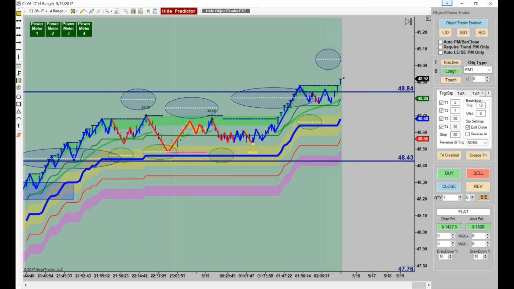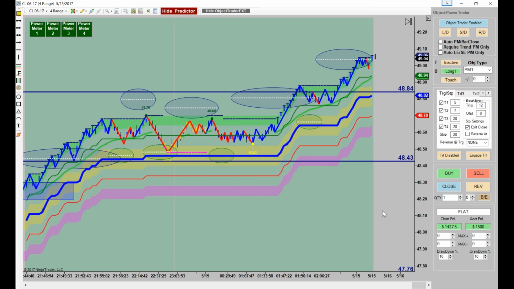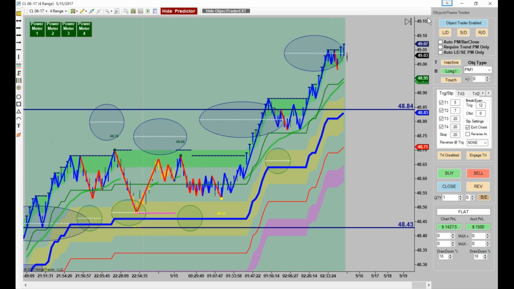But now what do we got to do, everyone? Wait for a retracement. Wait for a predictor. Wait for the power meter to go red. And let's see if we can get a trade. Nobody knows where it's at, but we'll find one, won't we? Watch in real time. Predictor will start drawing when it sees the price action.